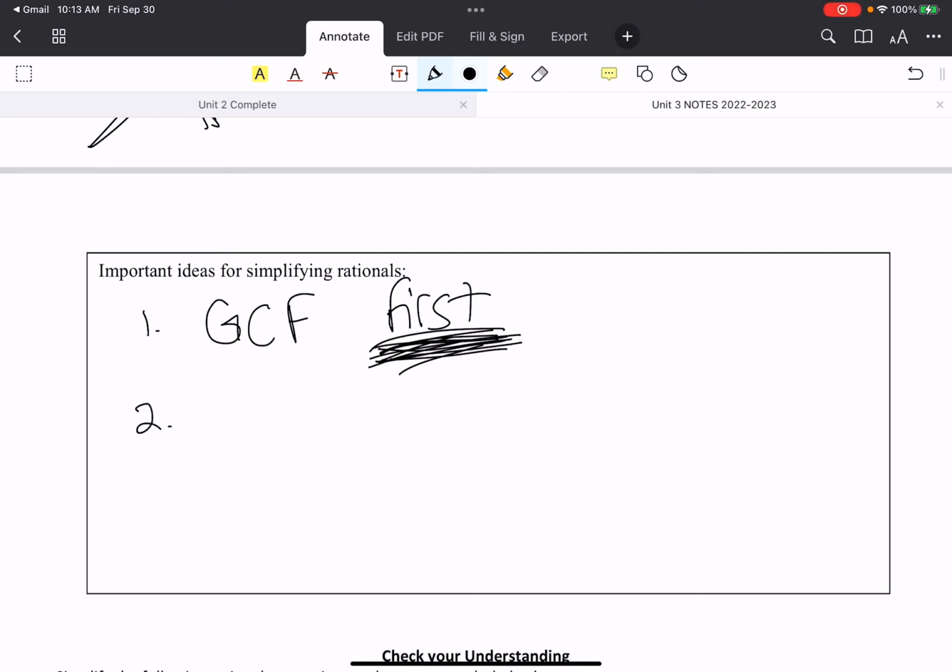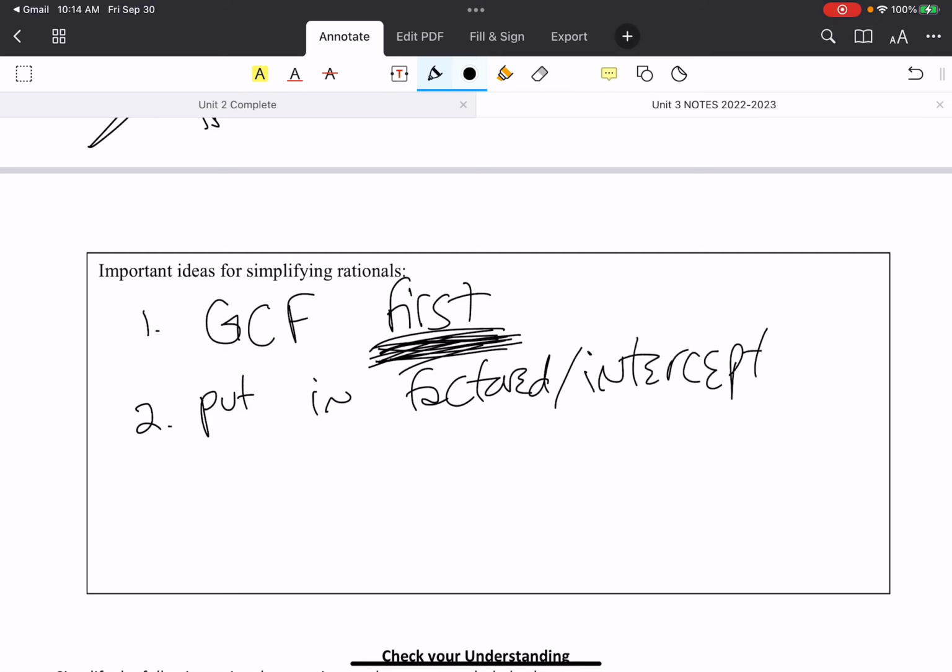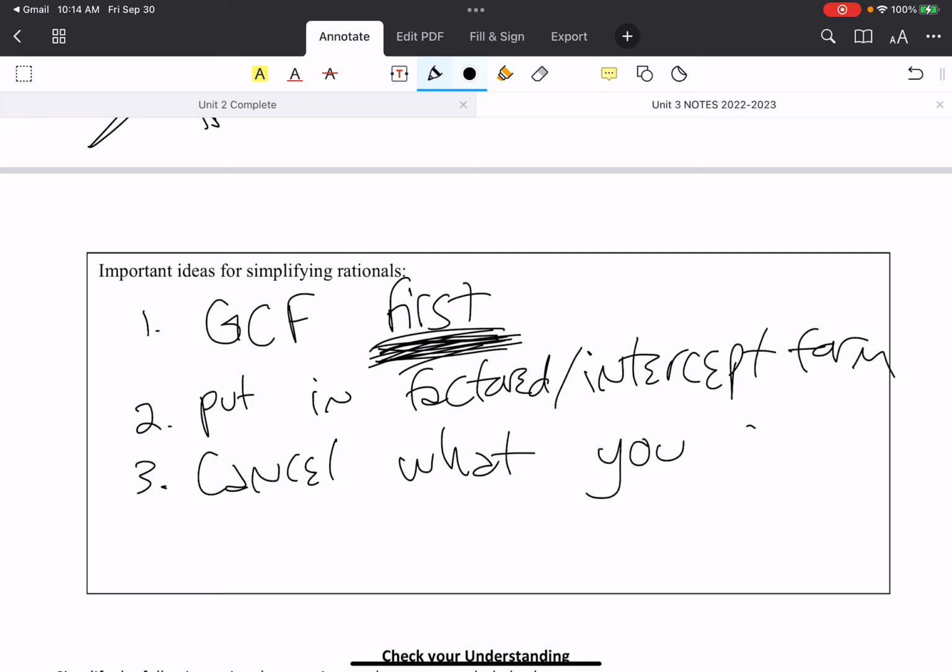Then on 2, put in factored or intercept form, however your teacher called it last year. Cancel what you can. And number 4, you'll have to wait and be so freaking excited about.